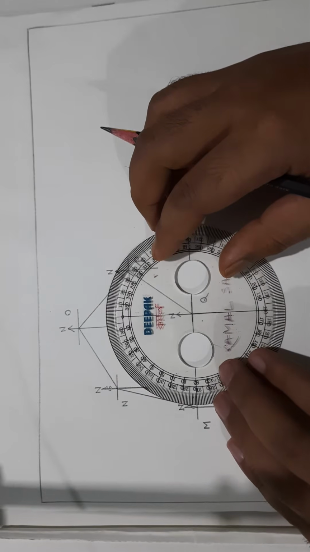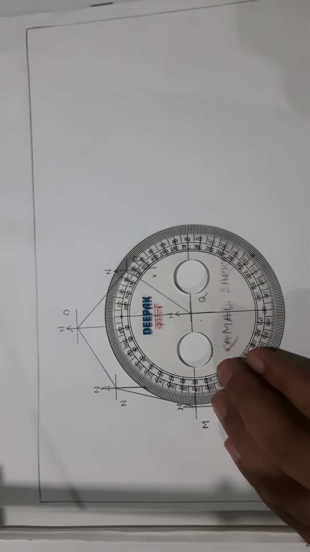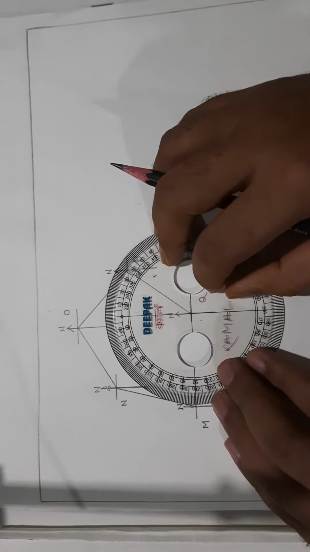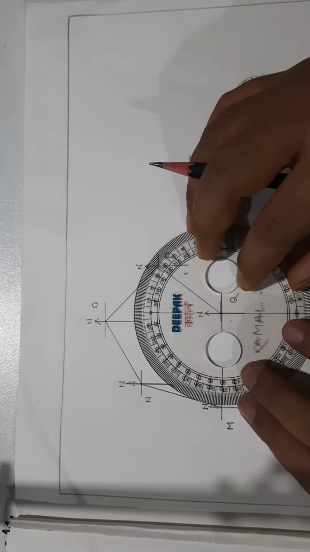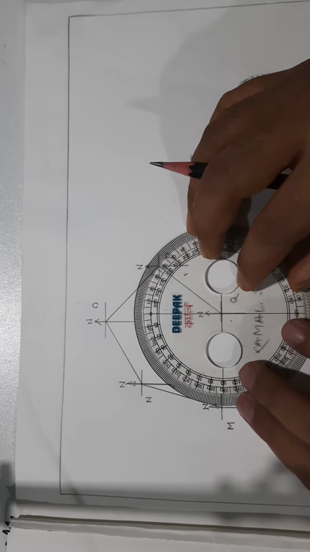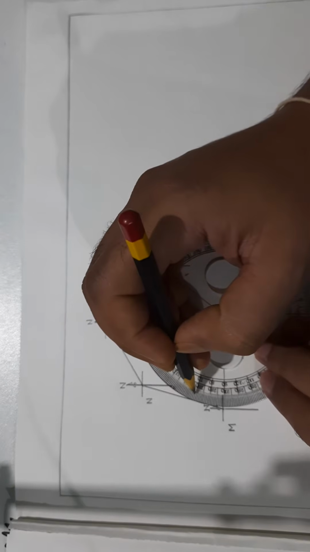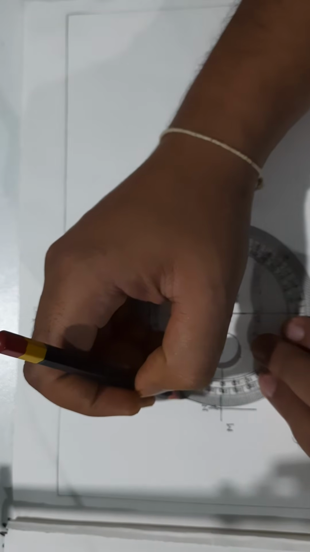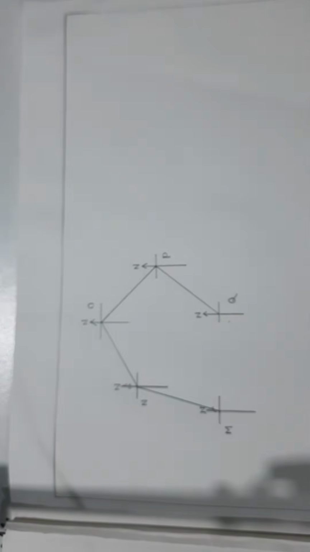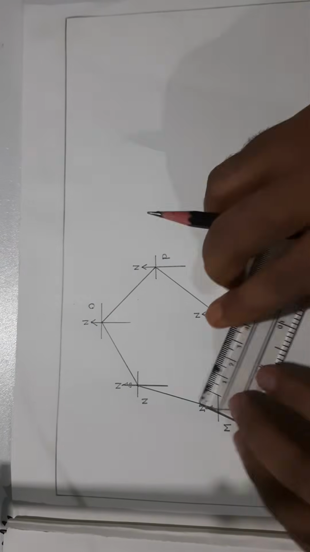So what happens in this case, the last forward bearing is 294, so we will use 294. 294 means this is the direction, and the length is 3.9 centimeter.